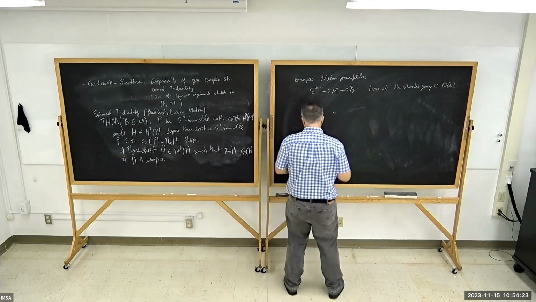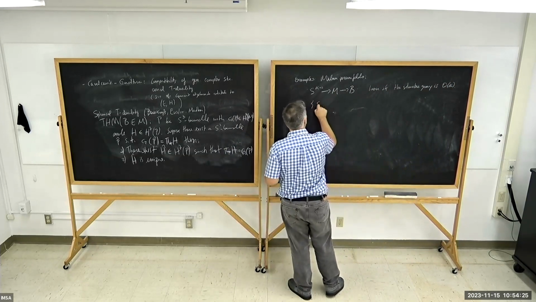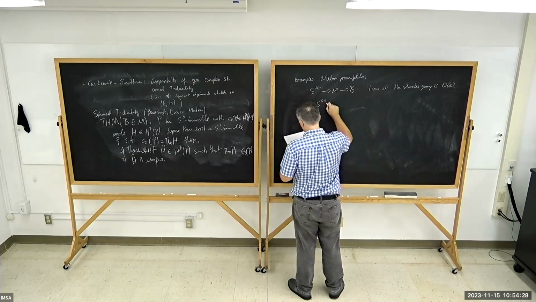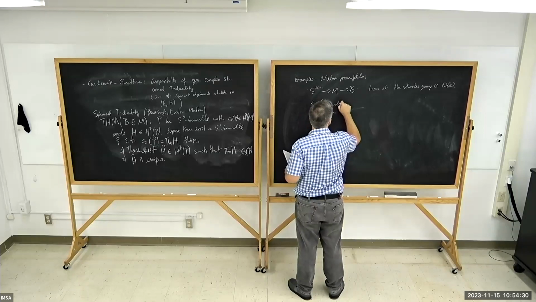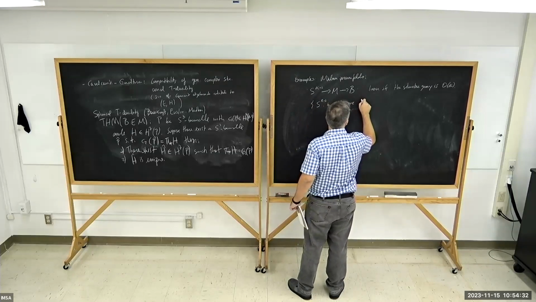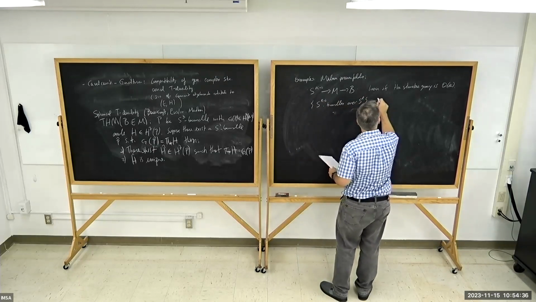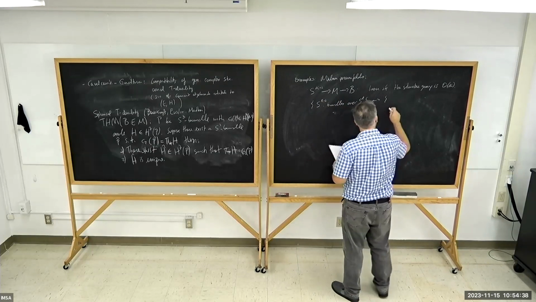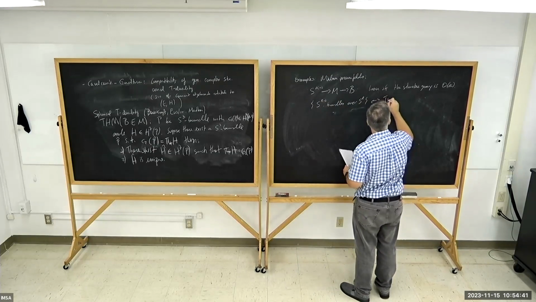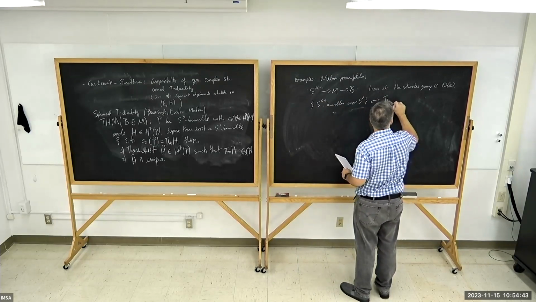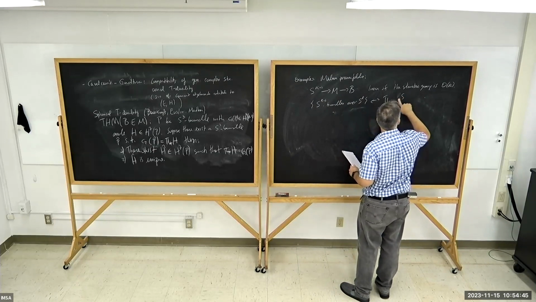And we have the set of S^{k-1} bundles over S^l. This is in correspondence with pi_{l-1} of SO(k).